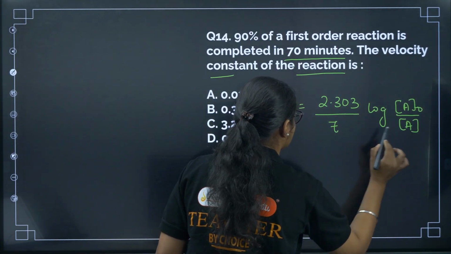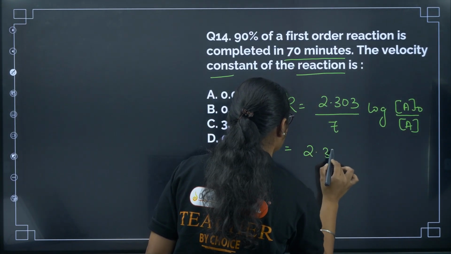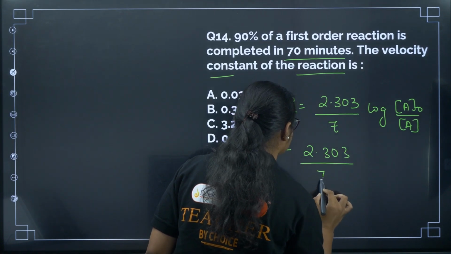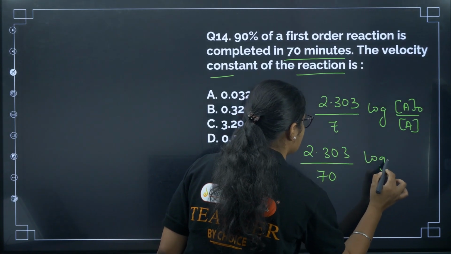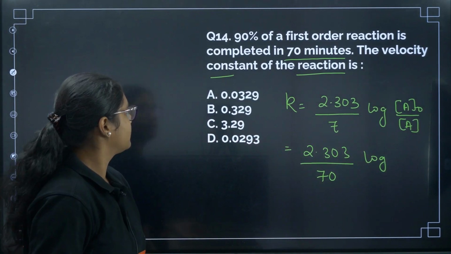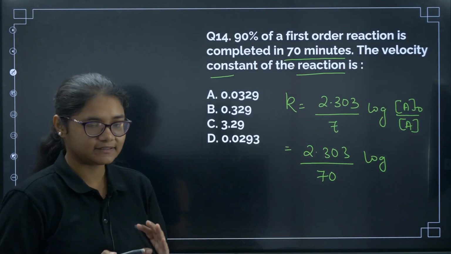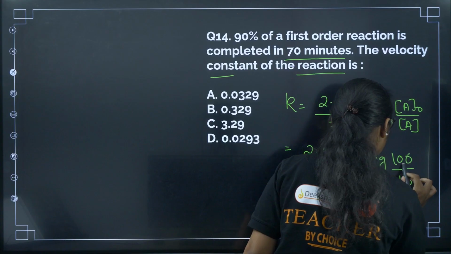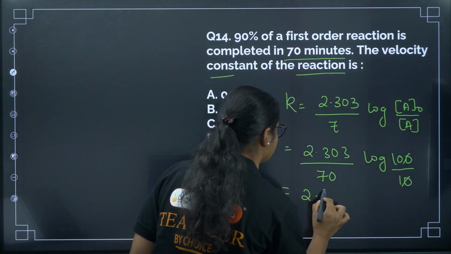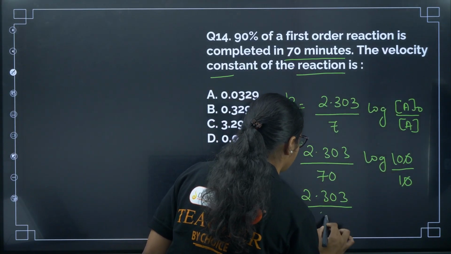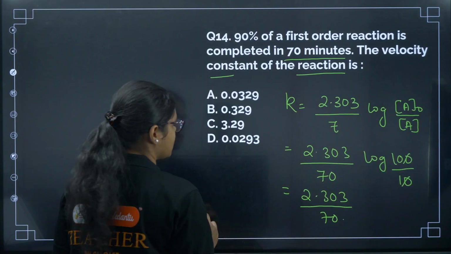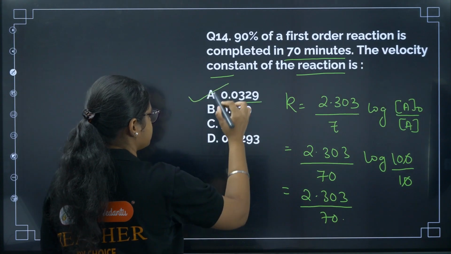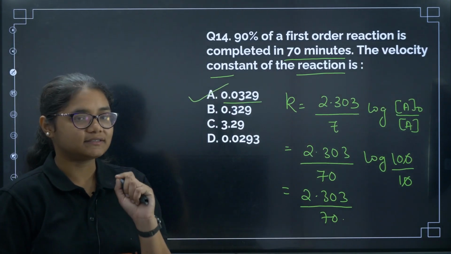Now if you see, 2.303 by 70 times log of, 90% is completed, then how much will be left? 10%. So log of 100 by 10, that is log 10, which is 1. So we need to calculate 2.303 by 70. So the correct answer for this question will be option number A, that is 0.0329.